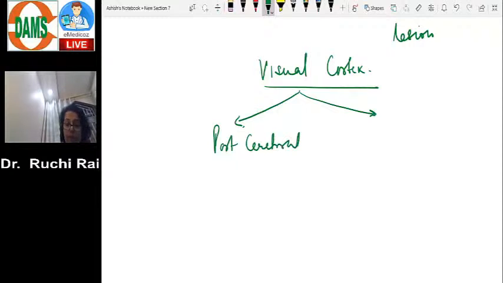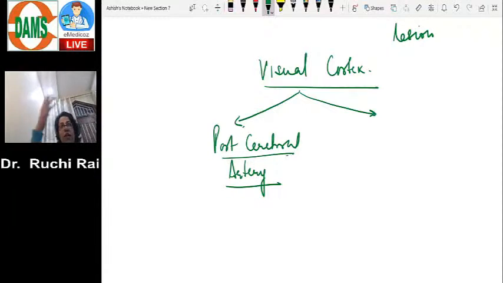The majority is supplied by posterior cerebral artery. The area responsible for your peripheral field is mainly supplied by posterior cerebral artery. This is what I mean to say.